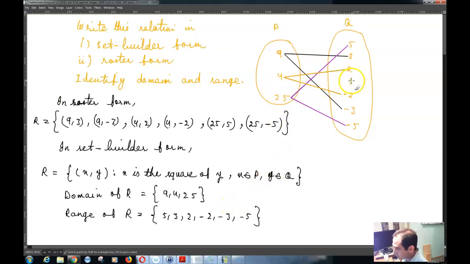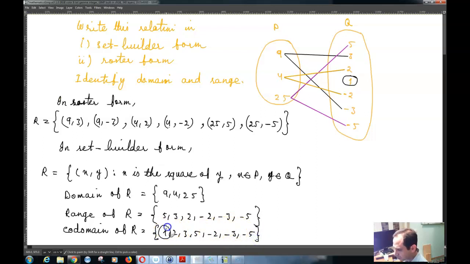And you can see that, for example, this element 1 over here is not related to your domain, but it would be related to your codomain, meaning that you could say the codomain of R is equal to this set 1, 2, 3, 5, and negative 2, negative 3, and negative 5.